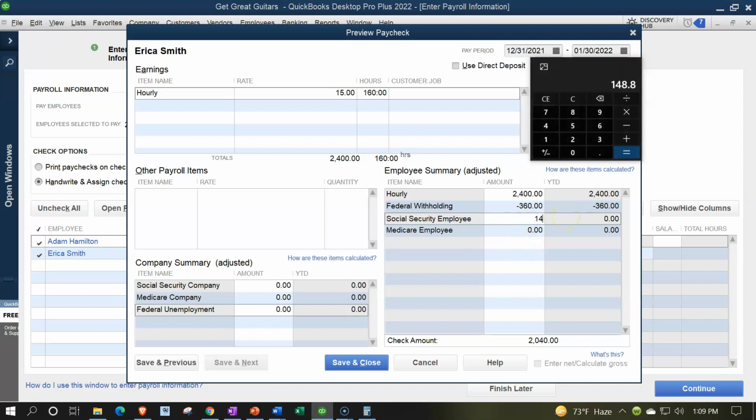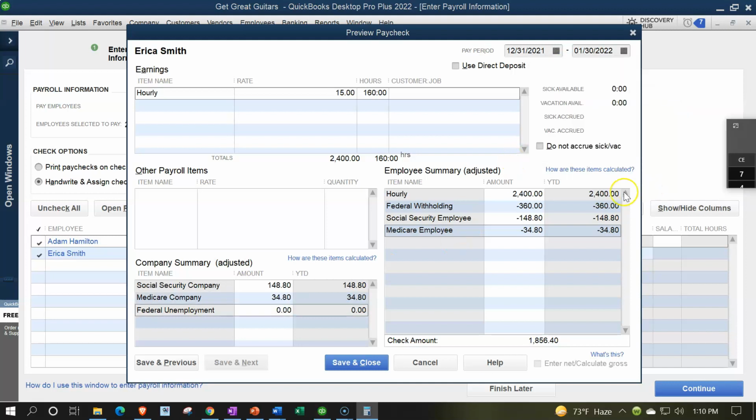So 148.8. And then we have the Medicare, 2,400 times 0.0145, giving us the 34.80 about, so 34.8. So there we have that. And then our matching side of things over here that we would have to pay is 148.8, Medicare 34.8. So there we have that.